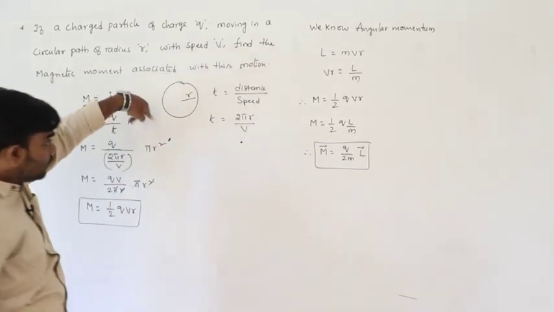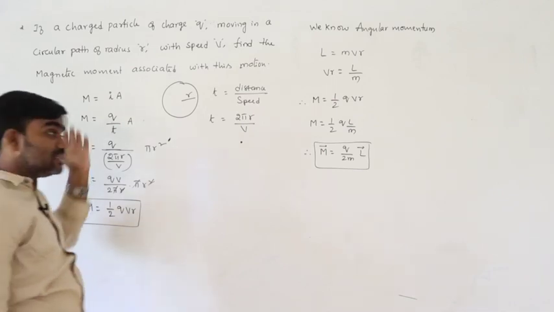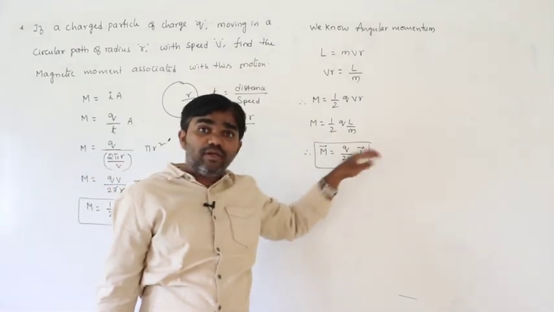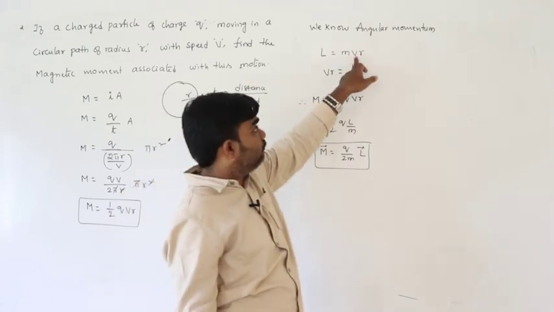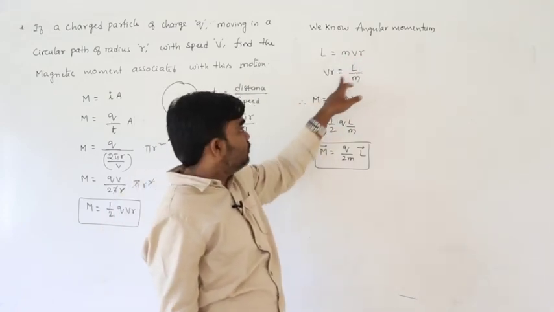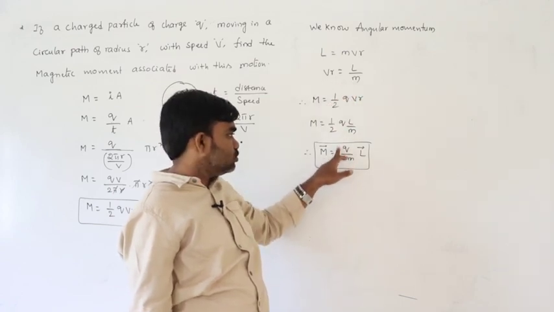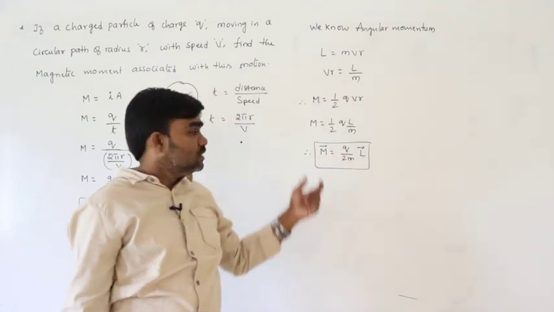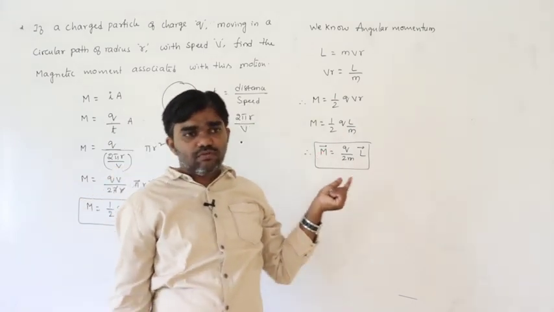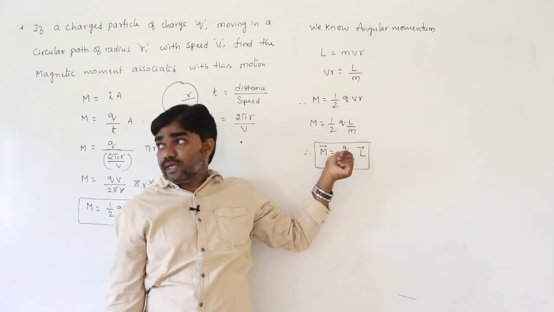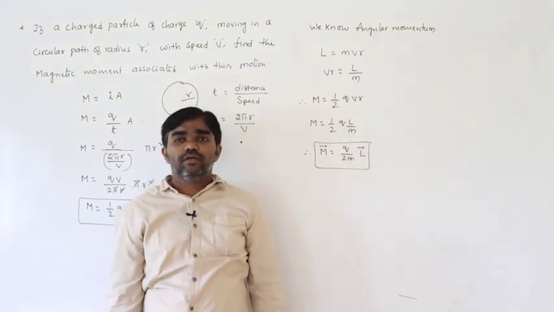If the charged particle is moving in the circular path, we have the magnetic moment and at the same time the angular momentum, whose formula is mvr. So, vr can be written as L by m, and M vector is equal to Q by 2m into L vector. So, the magnetic moment associated with that motion is Q by 2m times the angular momentum.